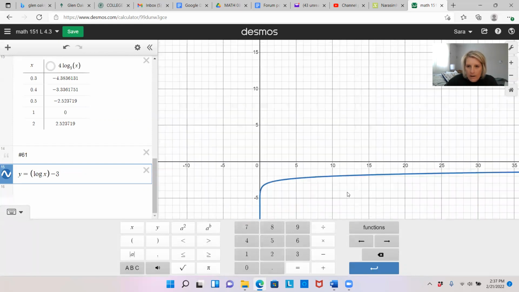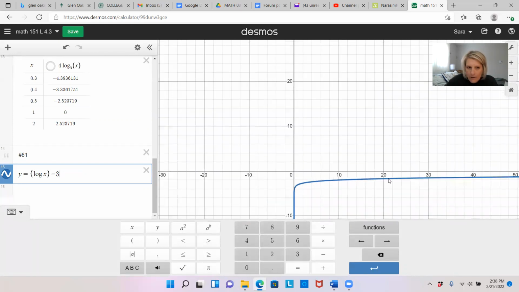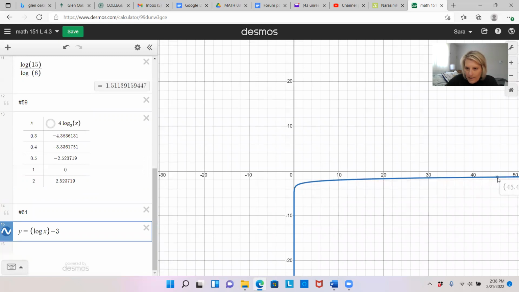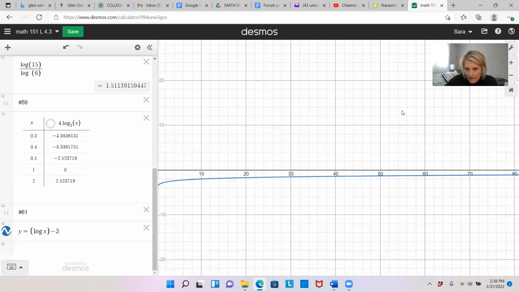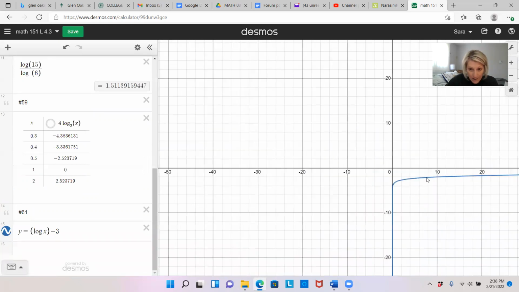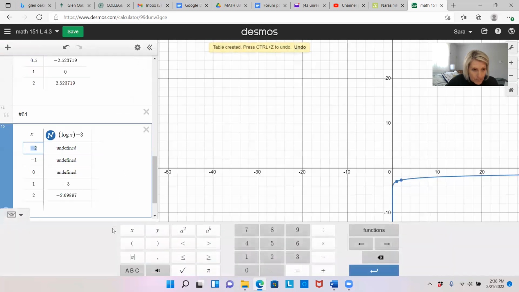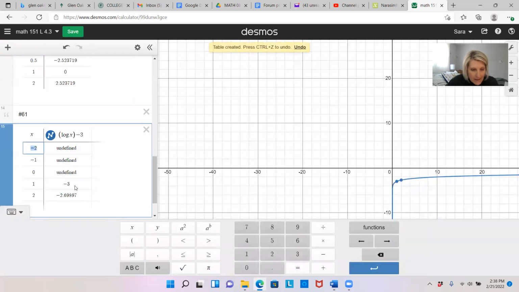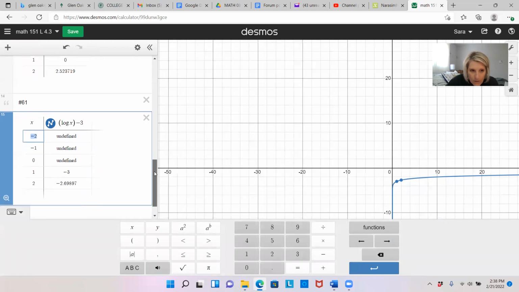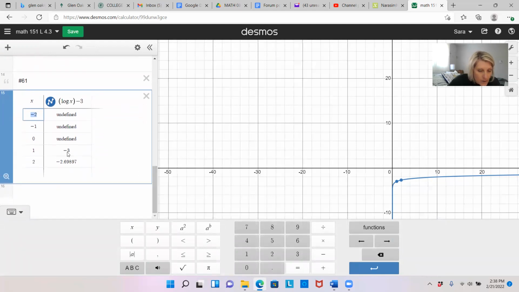So this is cool because when will it cross the x-axis? It's going to be a long, long while before that happens. So let's click on it and make the table here. So when x equals 1, we're at negative 3.